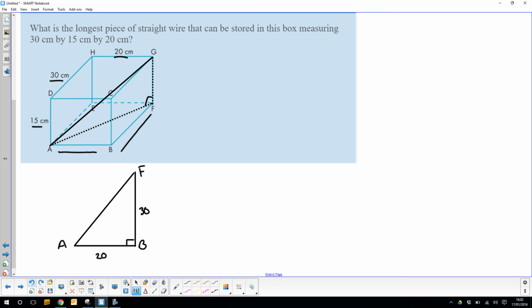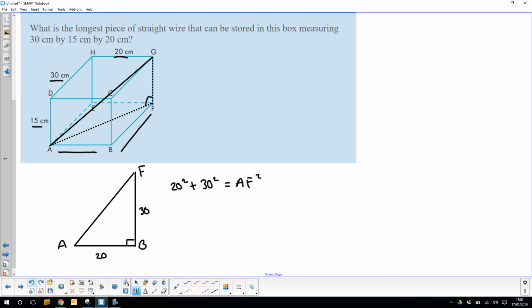So we're going to find this distance across the bottom from A to F, which runs across the bottom of our cuboid, and we're going to use Pythagoras' theorem to do that. We've got 20 squared plus 30 squared equals AF squared.